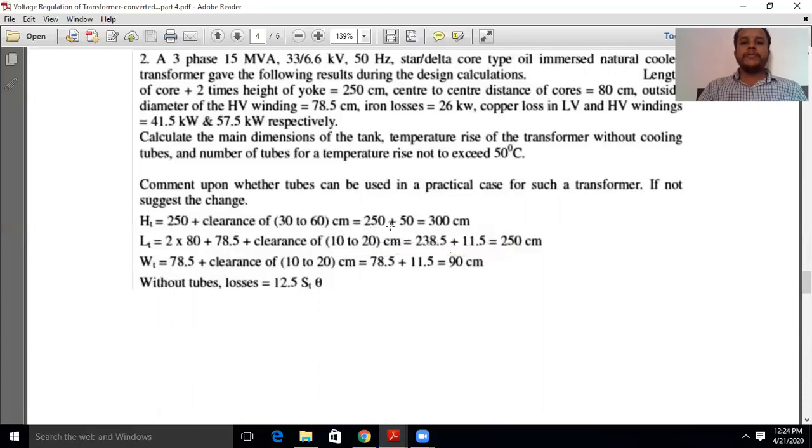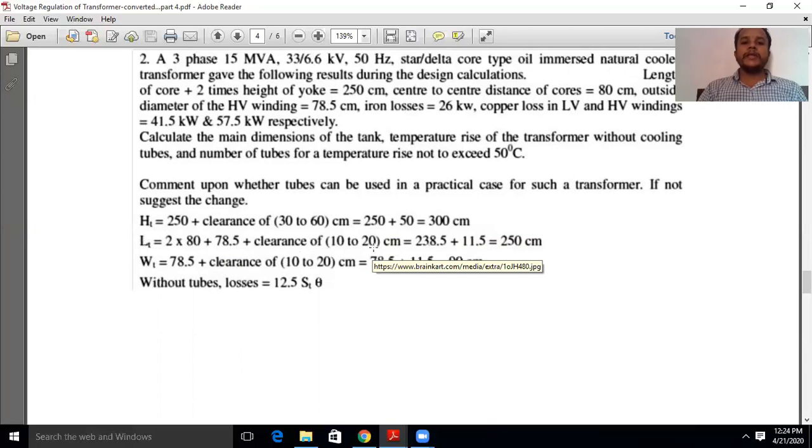So it is 250 plus 50, it is 300 centimeter. Now the length can be given as 2 into 80 plus 78.5 plus clearance of 10 to 20 centimeter, LT.